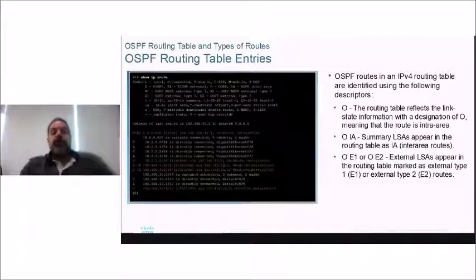Okay, so when you have multi-area OSPF, you will have some extra types of entries. And so, as you can see, we've got O IA, and then you've got O E1 or O E2, depending on what type of external route. And so, as you can see here, we've got the external route here, and that's our default route, and so that's why we've got the gateway of last resort entry up there.